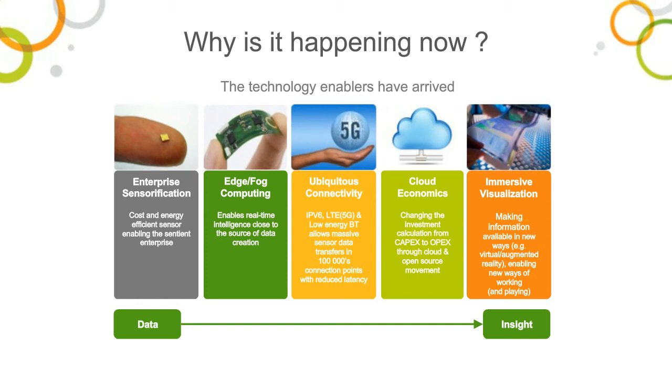We have this ubiquitous connectivity layer now, Internet Protocol version 6. We have 5G coming along, also known as LTE on the cellular network, low energy Bluetooth, and lots of different protocols and methods of communicating this sensor data across a network.